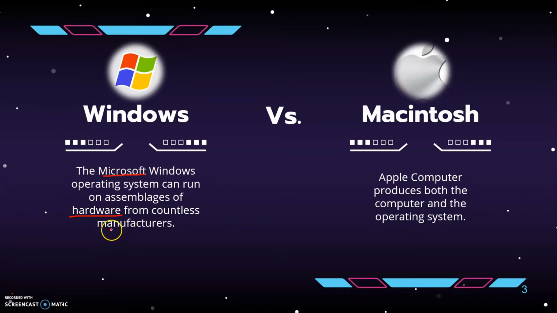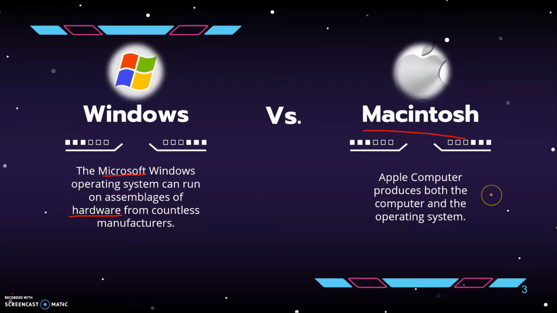So basically, Windows develops their operating system for these manufacturers, okay. So for the Mac OS, okay, they develop their own operating system, which is known as Macintosh OS, okay, Macintosh operating system, to run their hardware, okay.